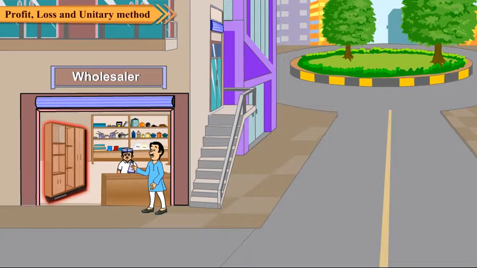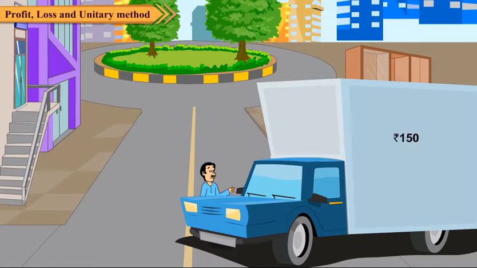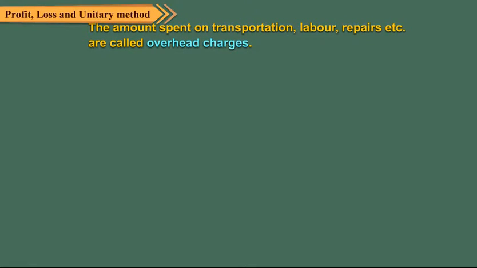One day, Mr. Agarwal bought an almirah from a wholesaler for rupees 8,500. He spent rupees 150 on its transportation. The amount spent on transportation, labor, repairs, etc. are called overhead charges.